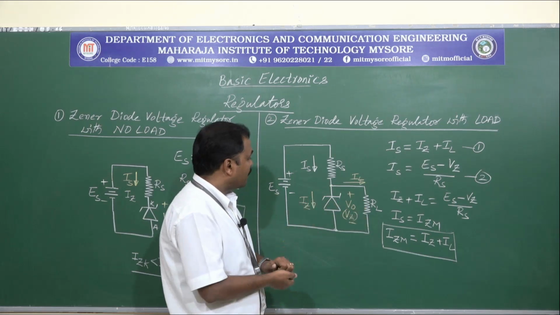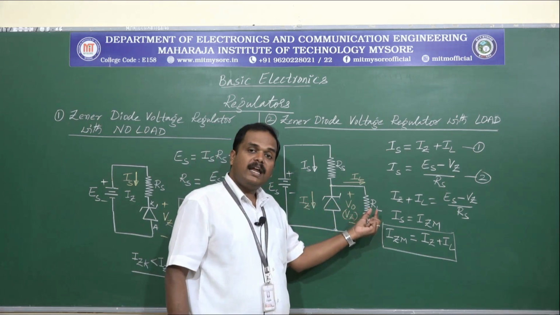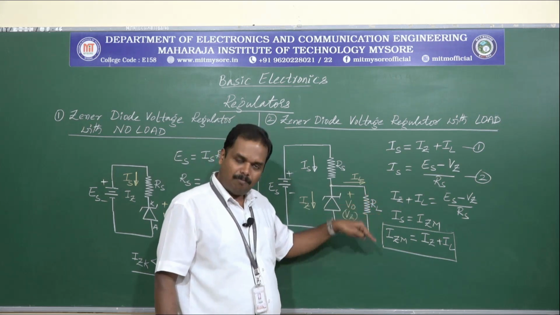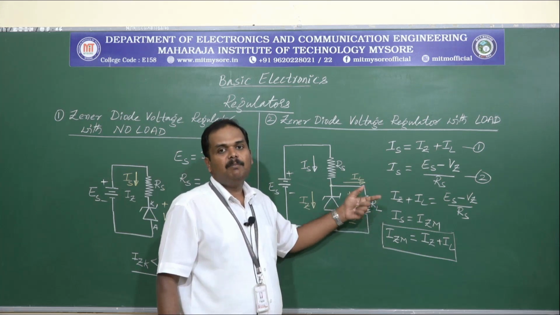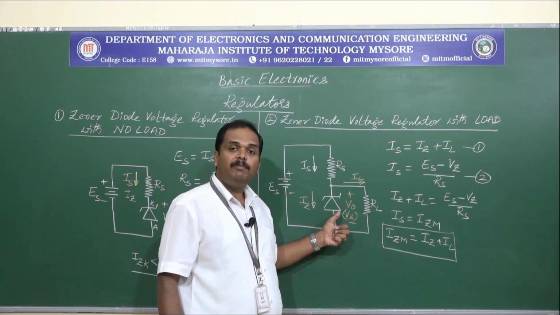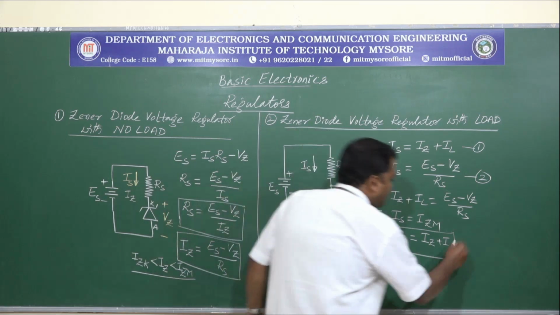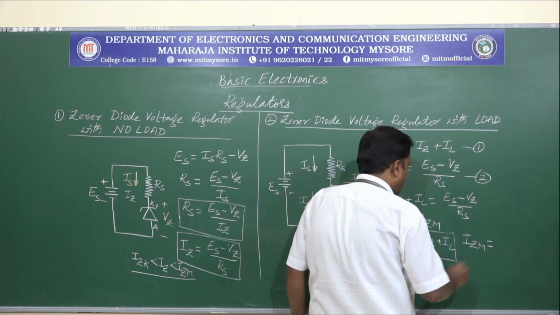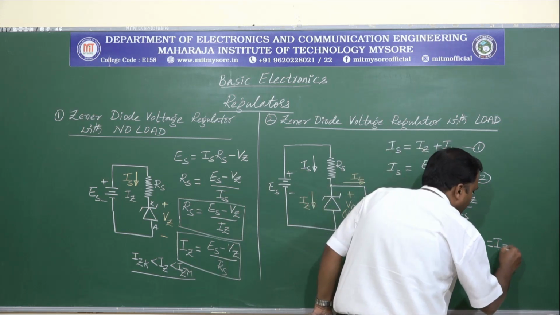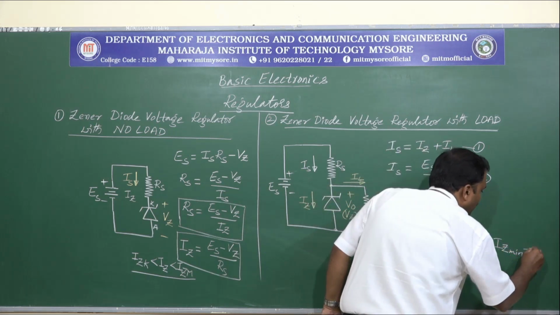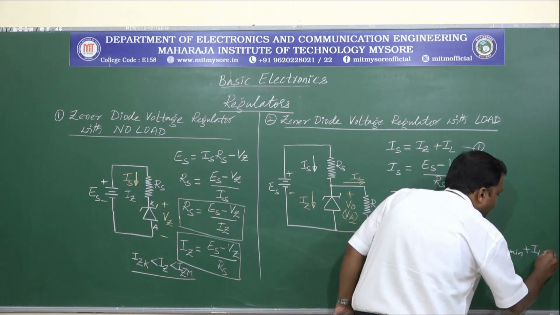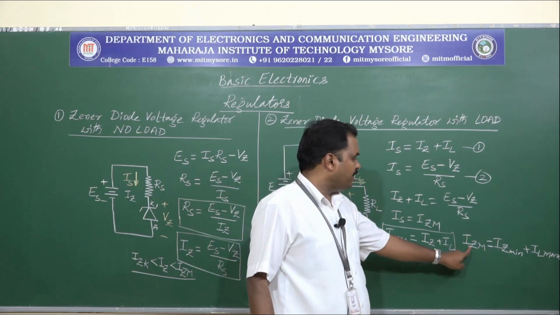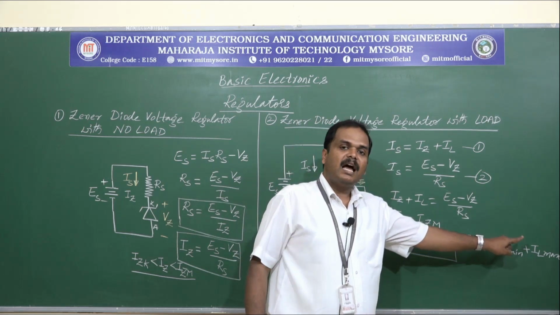Let us say, for example, if the load gets maximum current, considering RL is minimum, the load will be getting the maximum current, then the Zener will be getting the minimum current. Then Izm can be written as Iz min plus IL max.